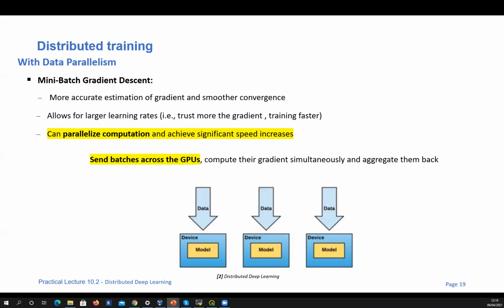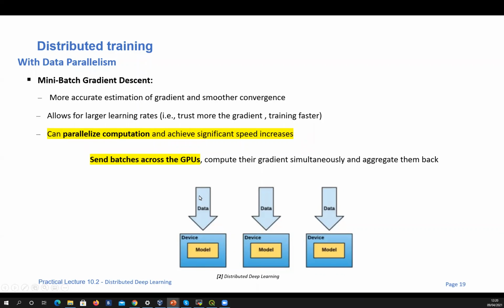And during training, these devices will exchange the gradients, so will exchange the parameters, so that the models between the devices are actually sharing the gradients, so are consistent across each device, which is very important because you wouldn't like to end up with a model that is different on each device in the end.